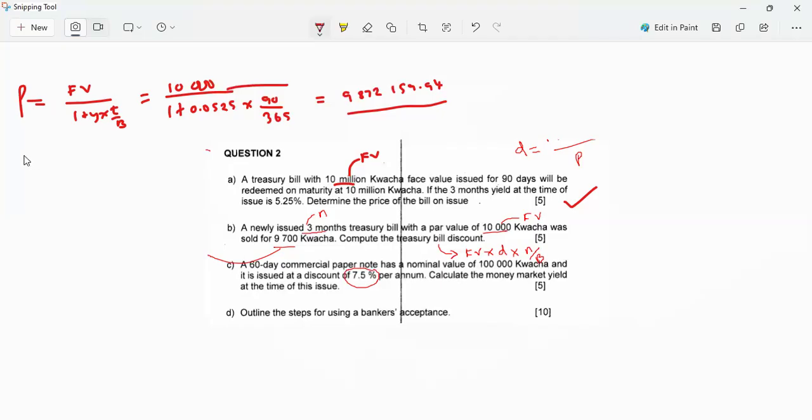So the discount rate, small d, is simply equal to face value minus price over the face value times 360 over time. So what is our face value?